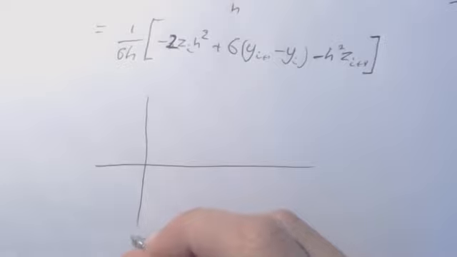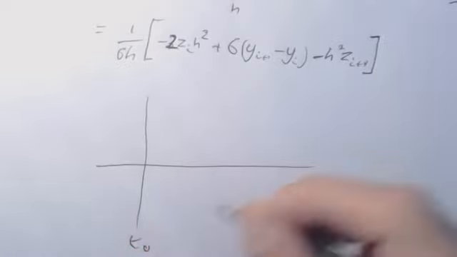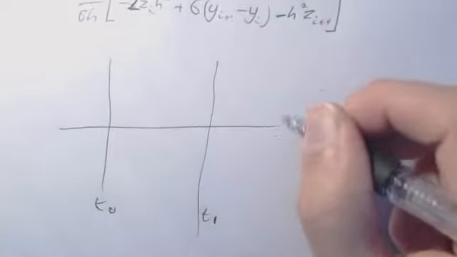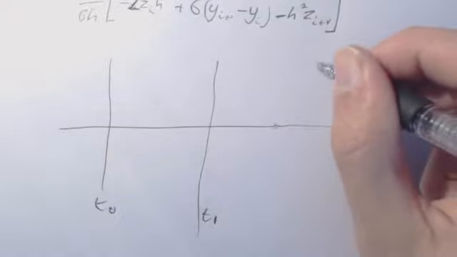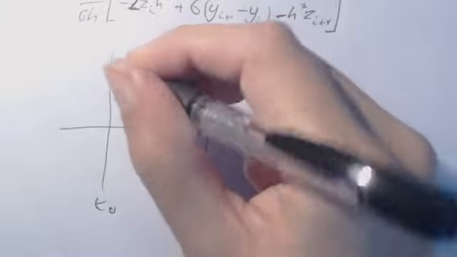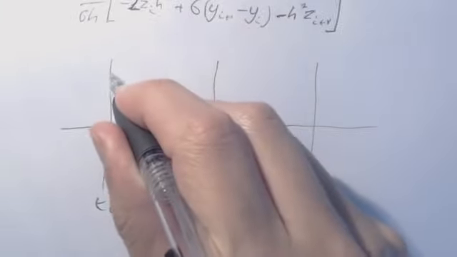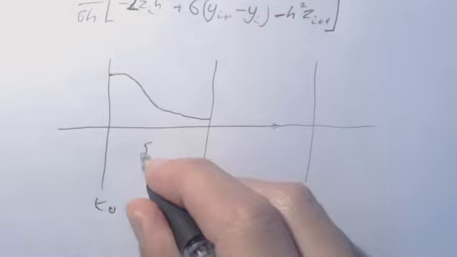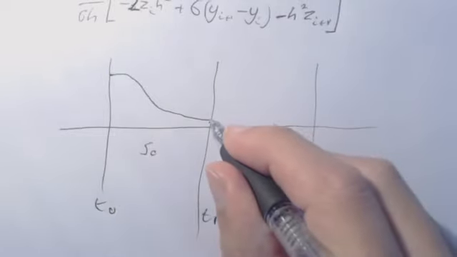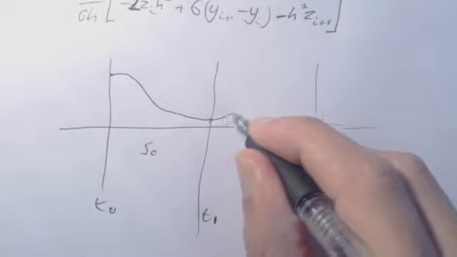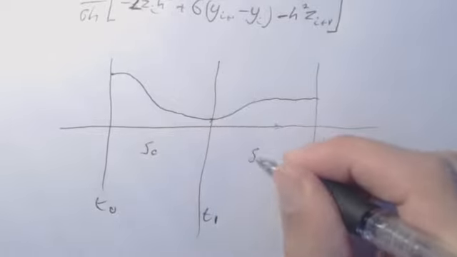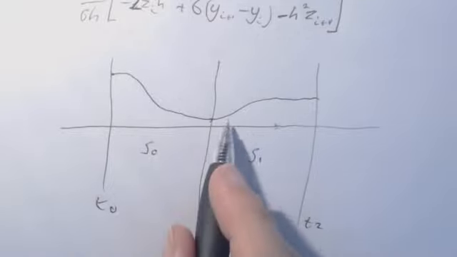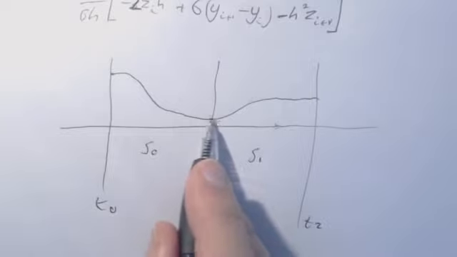Say here is t0, and here is t1, and here is t2. We might have something like that be S0, the first bit of cubic, and then the next one might look something like this. This is S1. Now, obviously, if this is a curve, the derivatives need to be equal at this point.